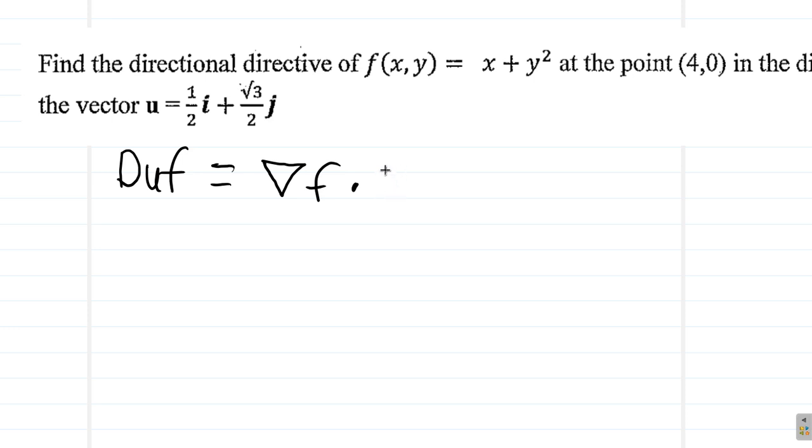The unit vector, u is the vector, but you put a hat on it. So it's the grad of f times the vector divided by the magnitude of the vector to give the unit vector. Now this function is a scalar. You'll find the gradient of that scalar.